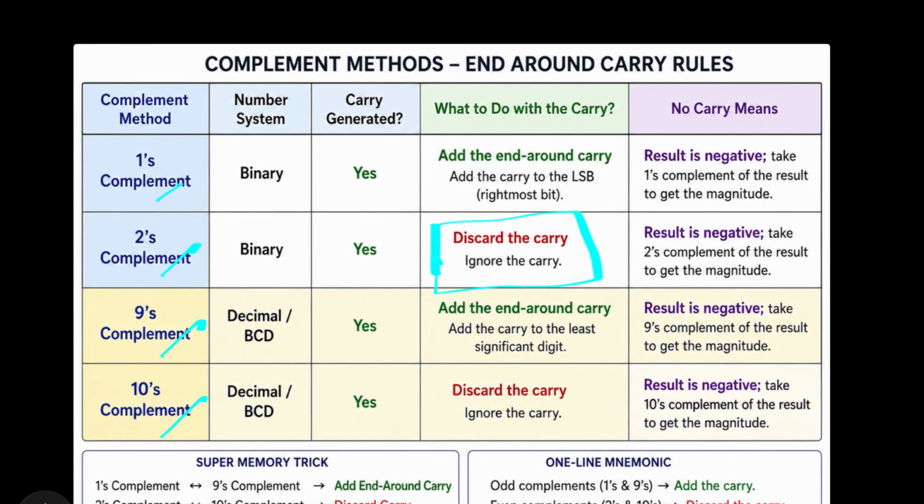If it is an even complement, 2's and 10's, then discard the carry. But in the same way, with 1's and 9's complement, if you are not having a carry, then the result is negative. For 2's and 10's complement, again, if there is no carry, we have to treat that as negative. That is quite important over here. It's quite interesting and easy. Just remember this.